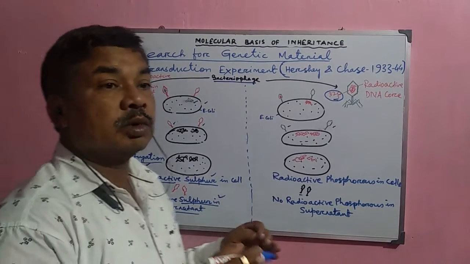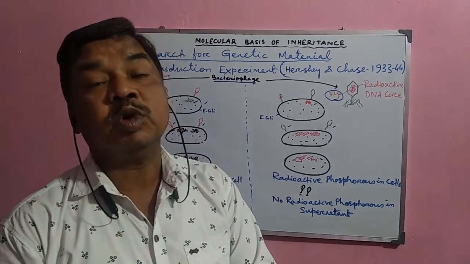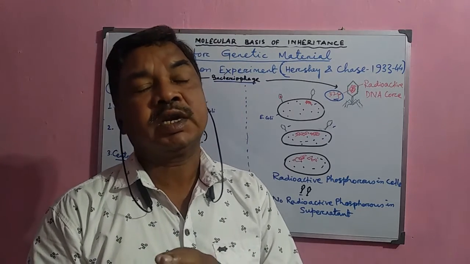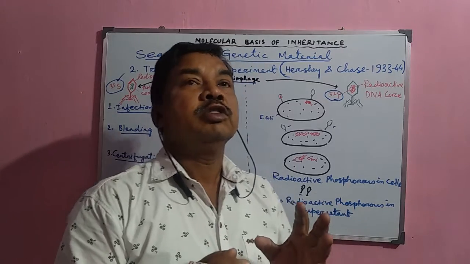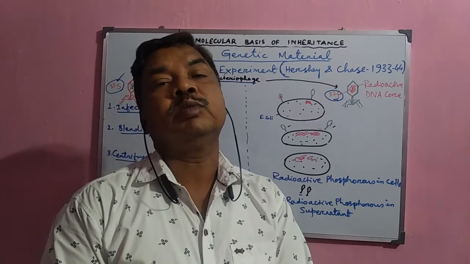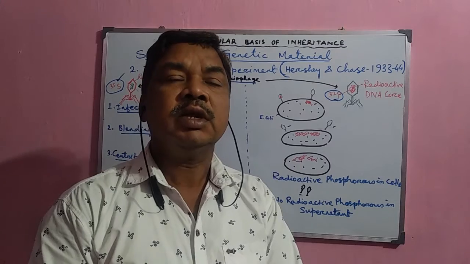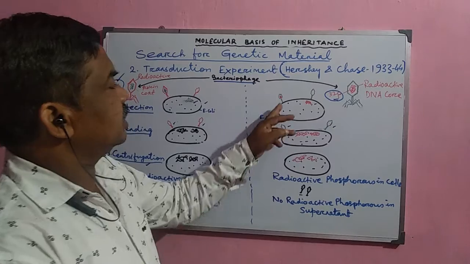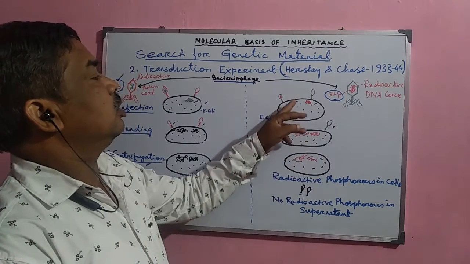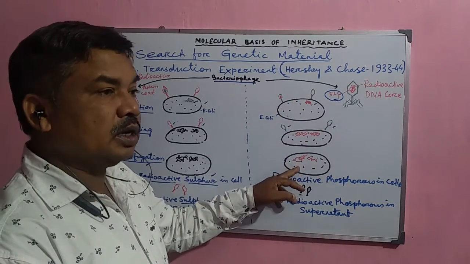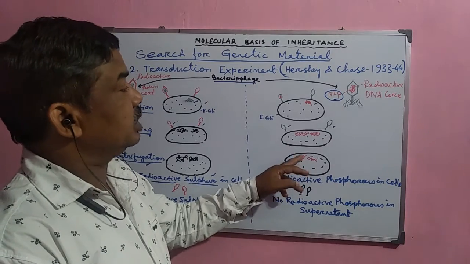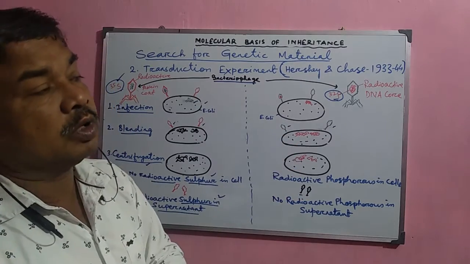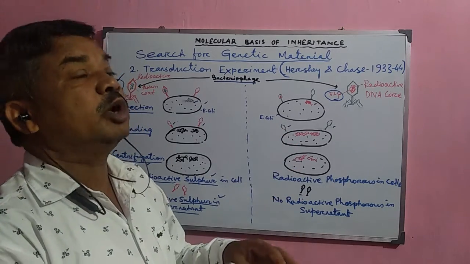So it confirms that the DNA molecule entered the cell of the bacteria, and this DNA molecule is actually responsible for the expression of the characters in the next generation of bacteriophage. Only in the second case did the P32 enter the cell, and this P32 DNA core is responsible for the expression of the next generation bacteriophages.